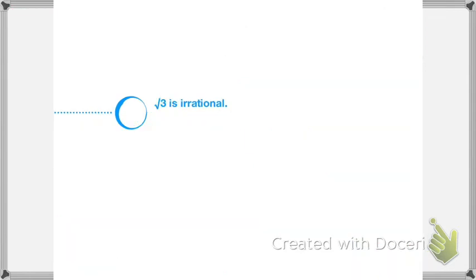Here again you have been given that root 3 is irrational, so you have to prove that root 3 is irrational. So we will be moving in the same steps. Okay, assuming root 3 is rational.